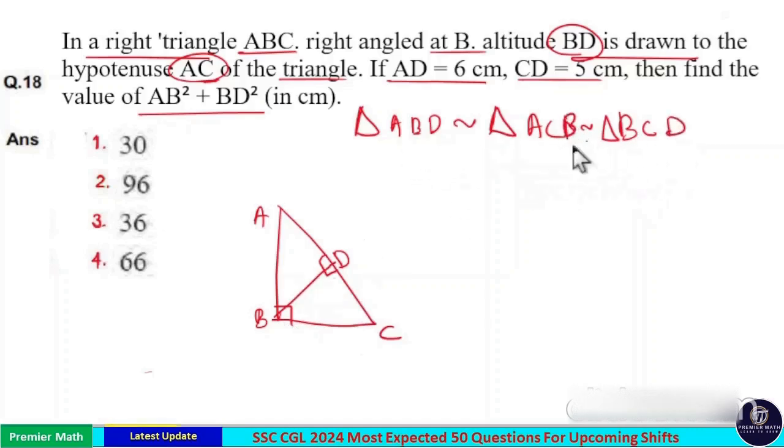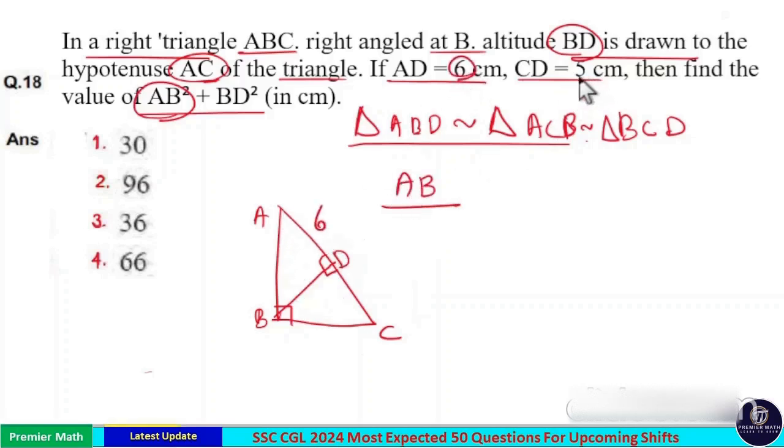Now you can take corresponding sides from these letters itself. Here, from these two triangles, we need AB square first. That is, AB divided by AC, where AD is equal to 6 and CD is equal to 5.